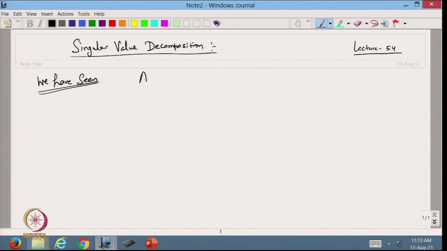suppose I have a matrix A that is an n cross n matrix. Then the first thing we have seen is that if A is diagonalizable, then I can write A as P D P inverse.